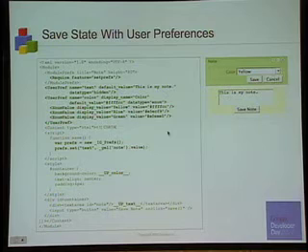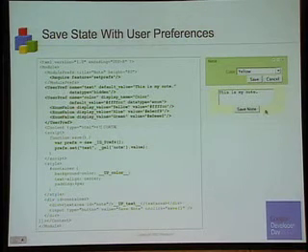Now you'd like to know how I actually save that preference. I have my button, which says Save Note here. The HTML for it is right here: input type equals button. When you click on the button, I have it call a function called save.